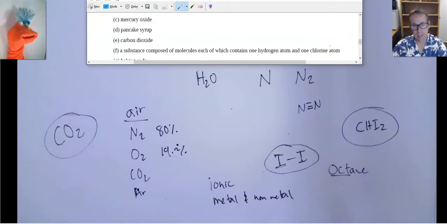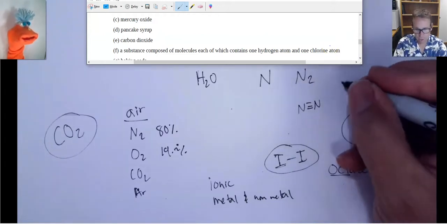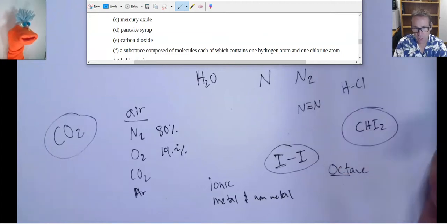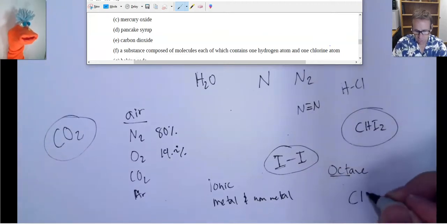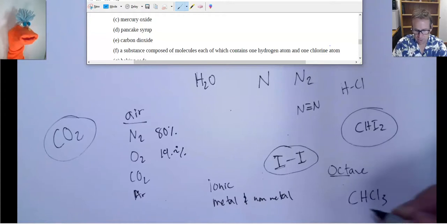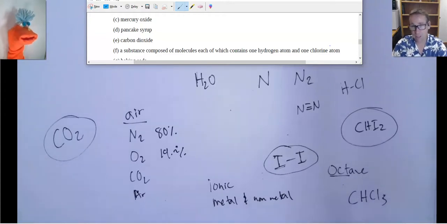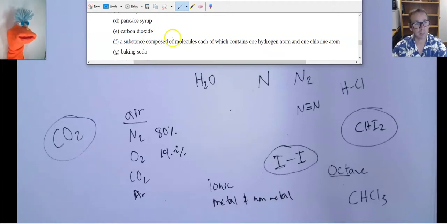Not an element. And I don't know if it's saying exclusively 1 hydrogen and 1 chlorine, HCl, or if it's, again, referring to something like this that has other kinds of atoms in there. Either way, this is going to be a compound, right? It's not going to be a mixture. It's going to be a compound.